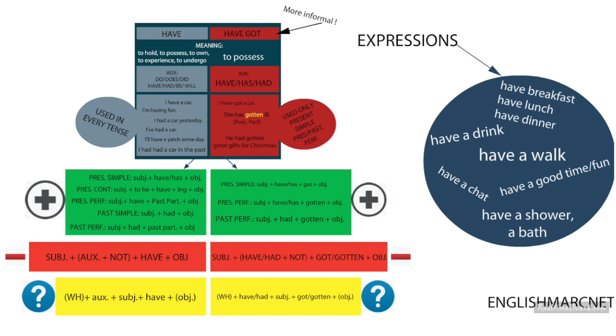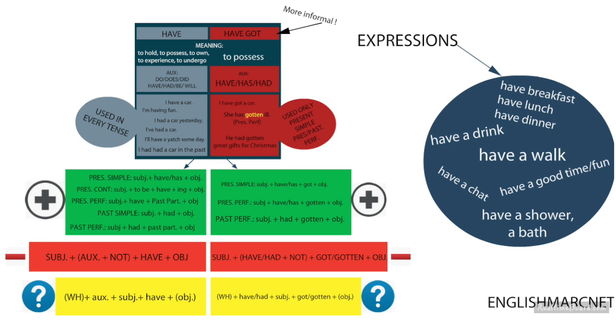The present perfect, subject plus have plus past participle plus object. Then we have the past simple, subject plus had plus object. And the past perfect, subject plus had plus past participle plus object. Okay, so the last example is I had a car many years ago, for example.